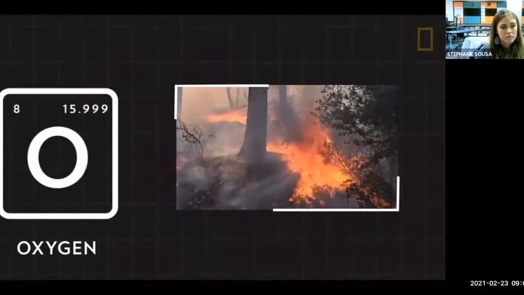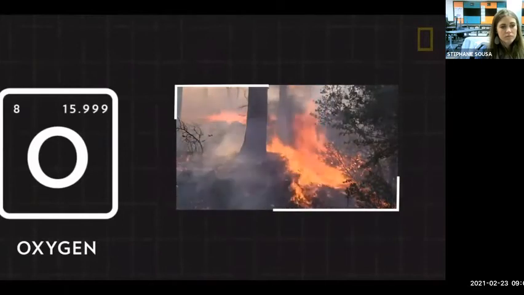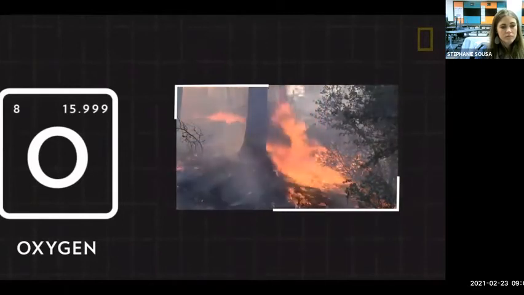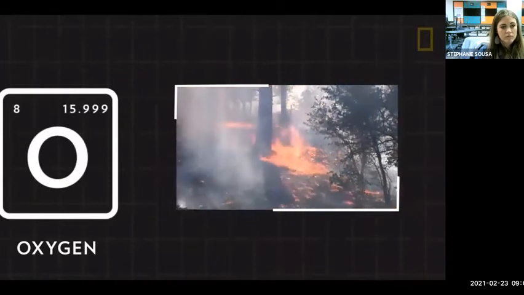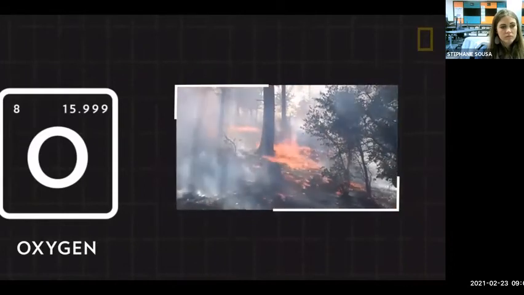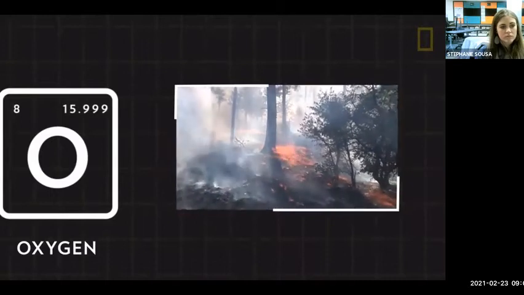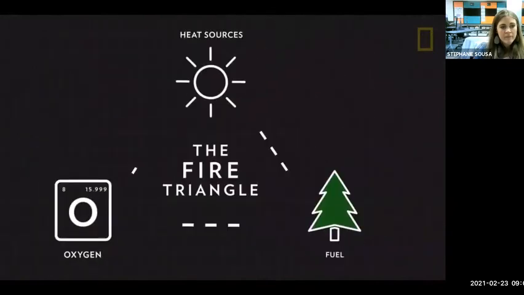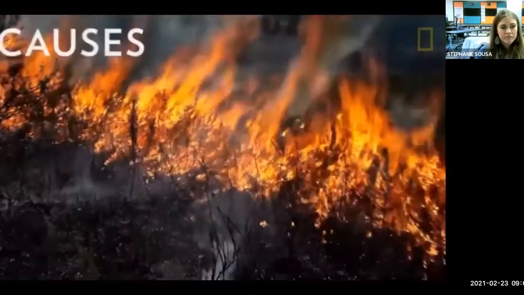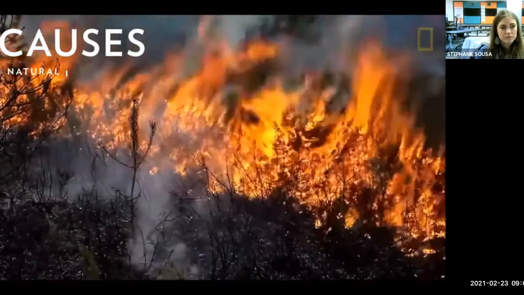When air movement or wind occurs, not only is more oxygen supplied to the fire, but it may also help transport and spread the flames. Since wildfires occur outdoors, they have a nearly endless supply of oxygen from our atmosphere to burn. Many wildfires are the result of natural causes.